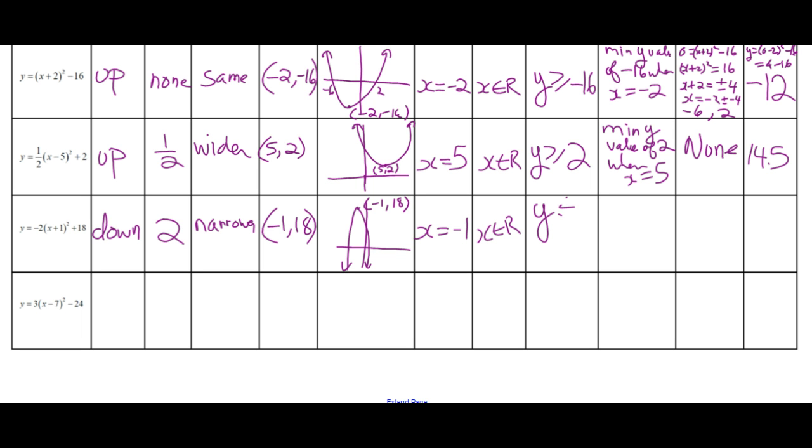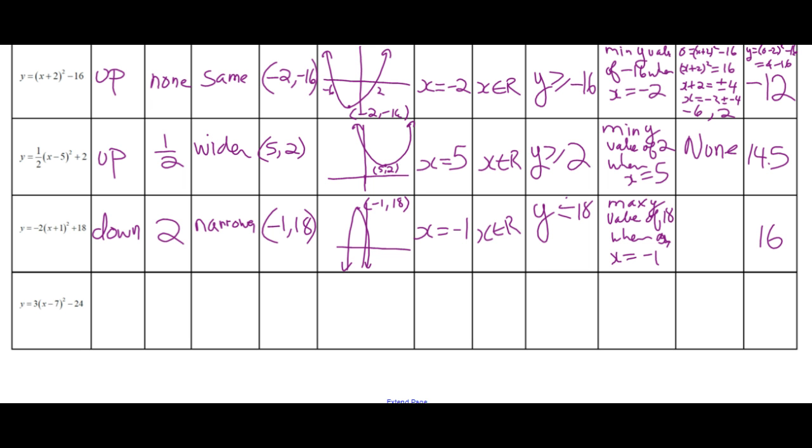Y is less than or equal to 18, so it has a maximum Y value of 18. What's the easiest? Y-intercept's probably easiest, right? What's the Y-intercept? 16.